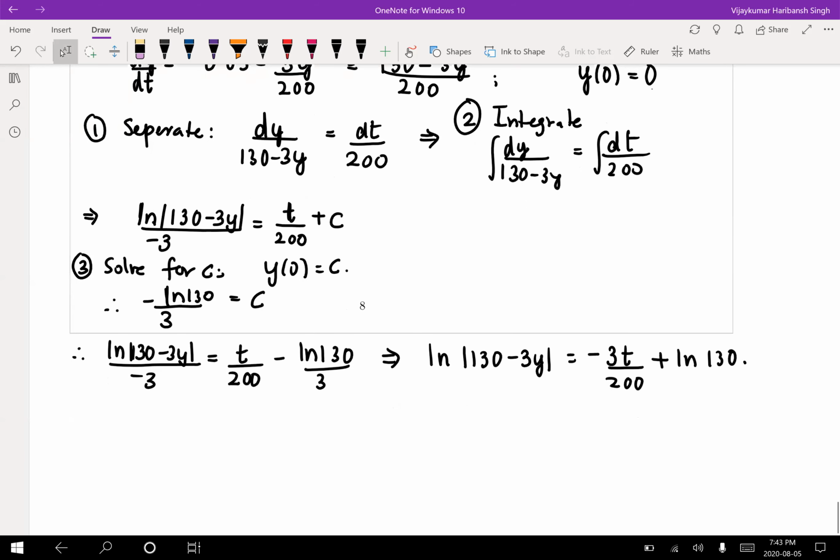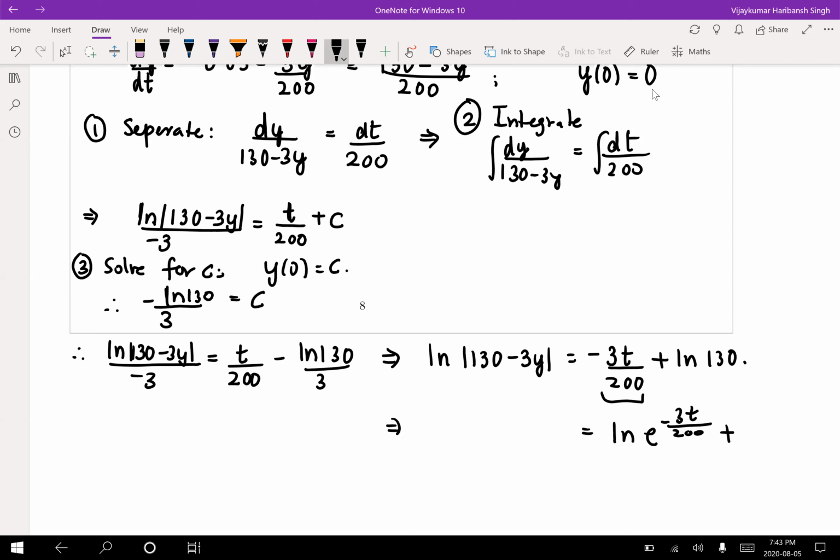Now I can change this from ln in the following way. I raise to power e on both sides, either way. I get the absolute value, raising it to the power. I can write this as e to the power minus 3 by 200 t times ln of this, because ln and e will cancel.